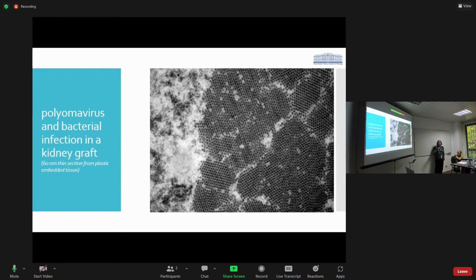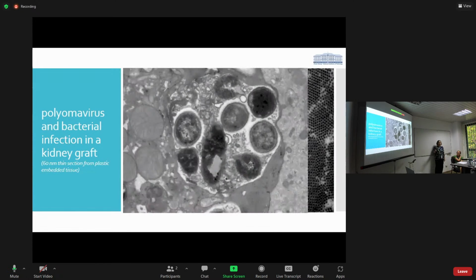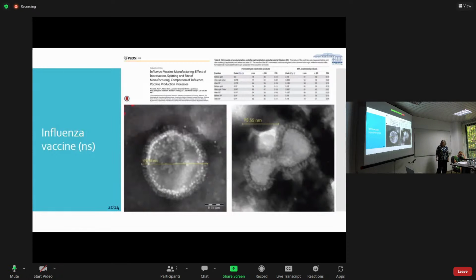But with this kind of technique, we can see viral infection, and also associated bacterial infection. And sometimes this diagnosis could be unresolved in the clinical laboratory. Another experience we have with viruses is the negative staining of different inactivated influenza viruses for vaccine production protocols.